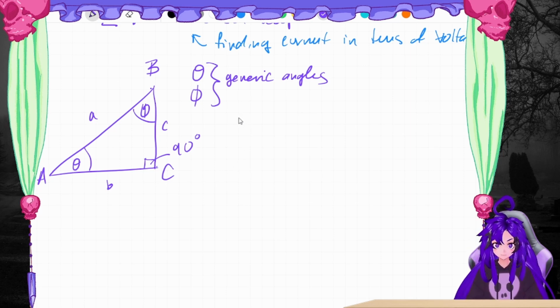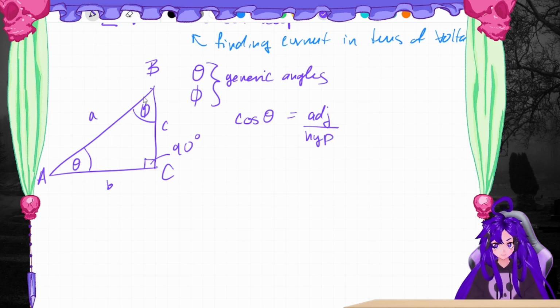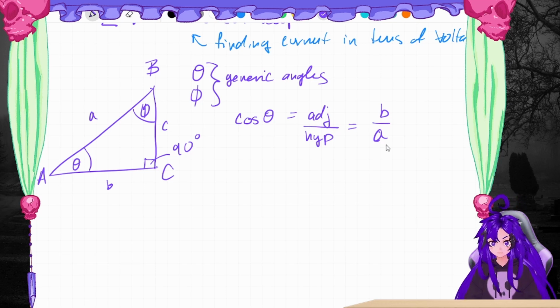So general stuff. Cosine theta is adjacent over hypotenuse. So this is theta, this is the adjacent line, over the hypotenuse, the one that's opposite the 90-degree angle. So cosine is b over a. No, I labeled these wrong. This one's supposed to be c, this one's supposed to be a.